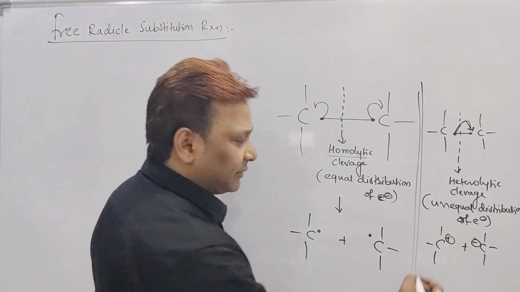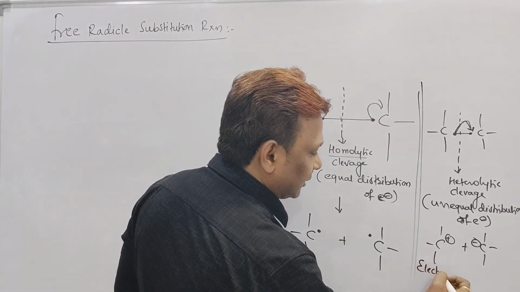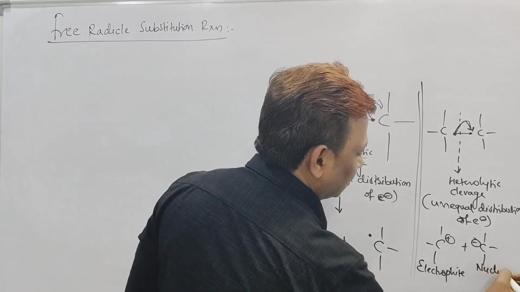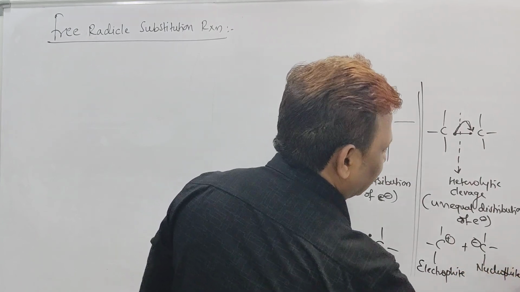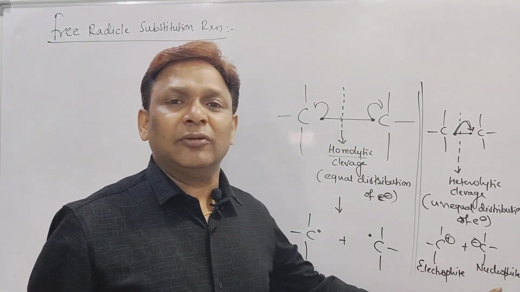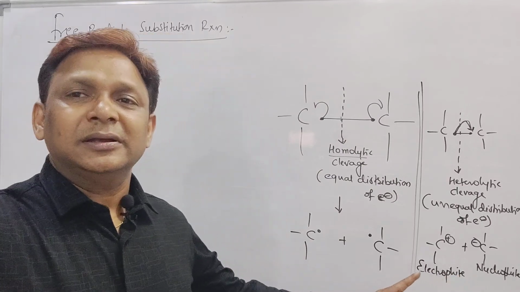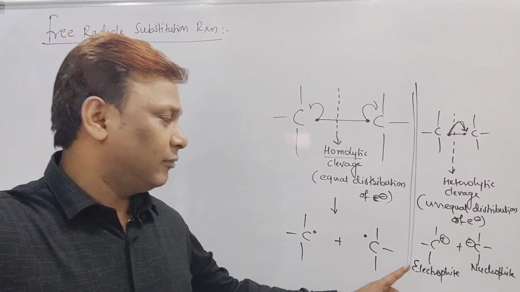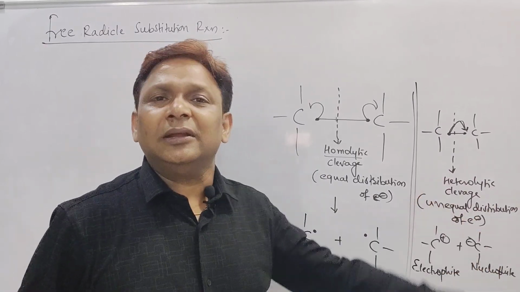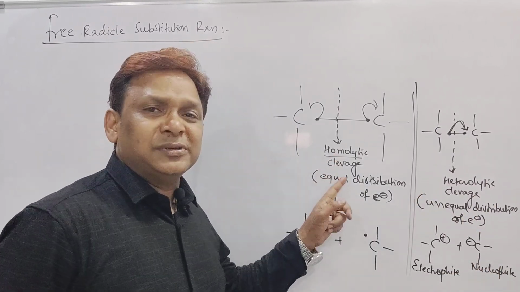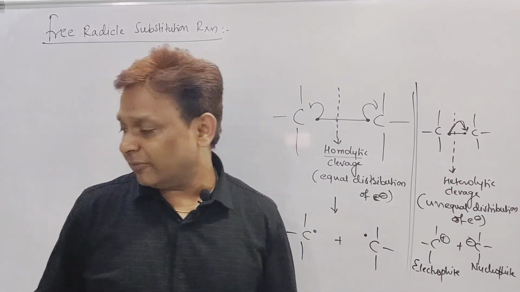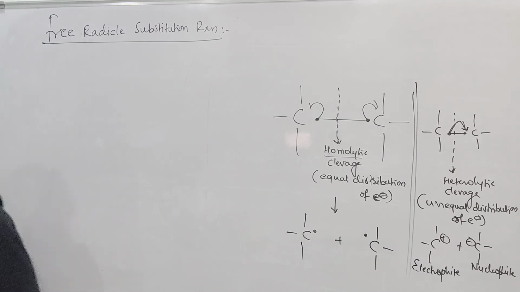One of the species having positive charge is called an electrophile, and one having negative charge is called a nucleophile. So electrophile and nucleophile are obtained due to the unequal distribution of electrons, that means due to heterolytic cleavage. But homolytic cleavage means there is formation of only what? Free radicals, right?